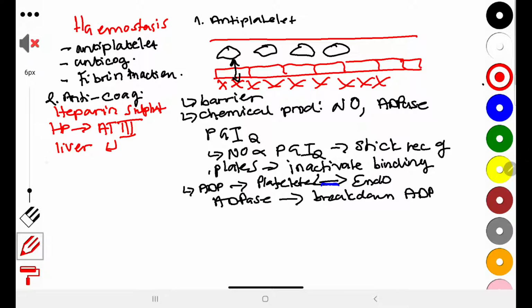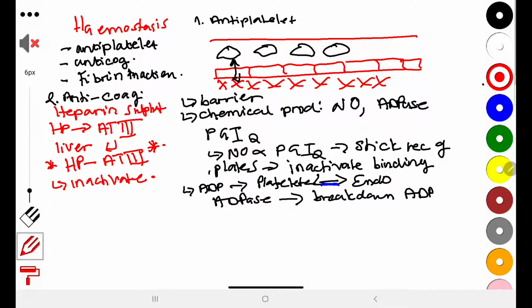And when it binds, what do you get? When it binds antithrombin 3, it is activated. And in this state, it can then inactivate clotting factors. So once there is this bond, there is an activation that takes place, and this activation is then going to inactivate clotting factors.